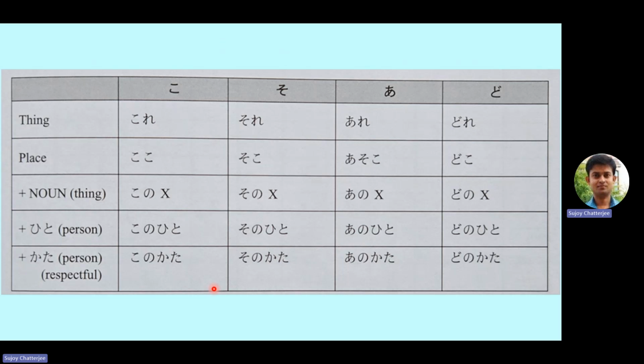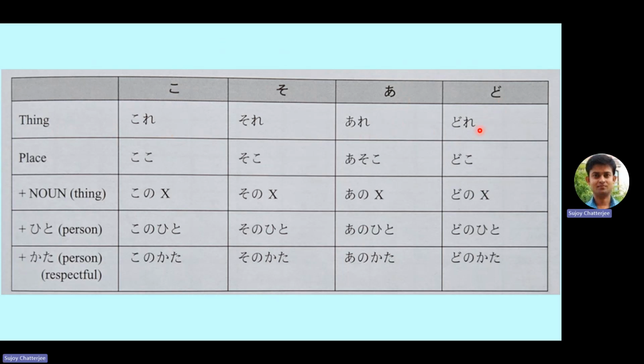So this is the summary of what we have learned so far in today's video. As you can see here, the ko, so, and a demonstratives have been written here, and the do interrogative is written in the last column. When we talk about something, kore means this thing, sore means that thing, and are means that thing over there.